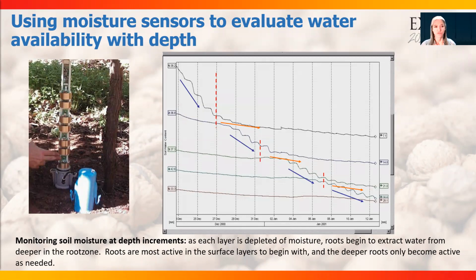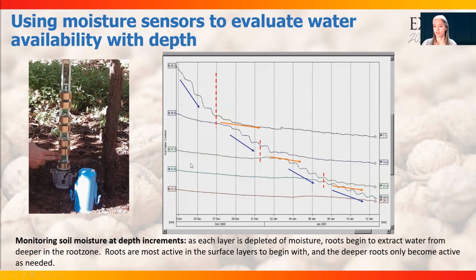Some other tools use capacitance monitoring. These soil moisture sensors, instead of tension, actually provide a volumetric estimate of soil moisture at depth increments, so they can be more easily used for scheduling the amount of water to be applied. In the previous example, there may have been fewer depth increments.